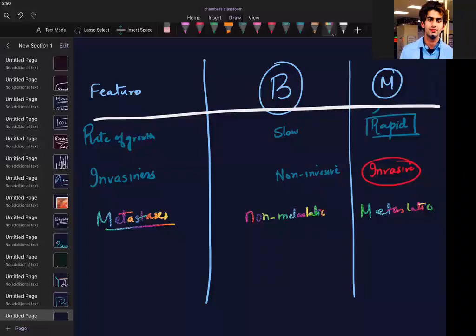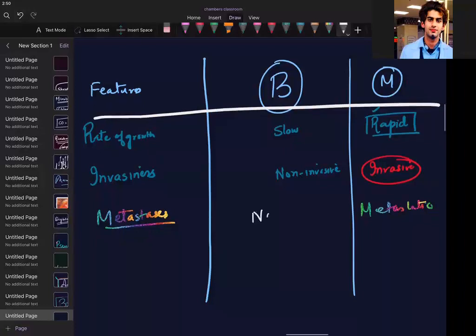I can't write that, but more non-metastatic. That will become a feature. Maybe a benign tumor can, no. By iatrogenic means I can spread that. So let me write no metastasis seen. We have to take care of every word whatever I speak. No metastasis seen.